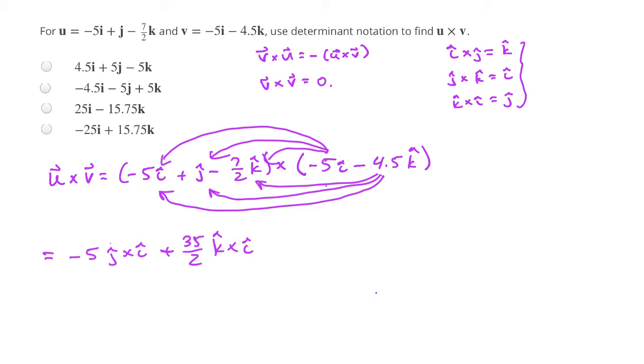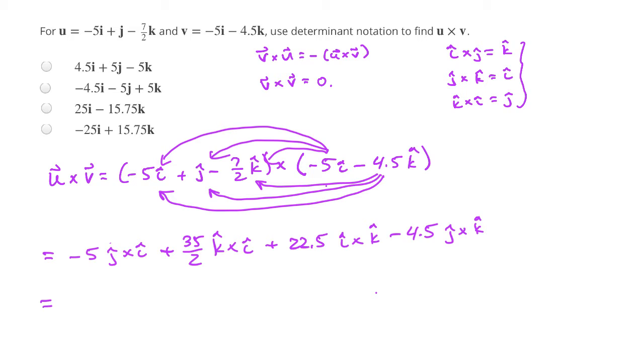And then distributing our k, we have a minus 4.5 times a minus 5 to give a positive 22.5, and we have i cross k. Then we have our minus 4.5 times a positive 1, so we have a minus 4.5 j cross k. And then finally, we will have the k cross k, but that one will also give us a 0.